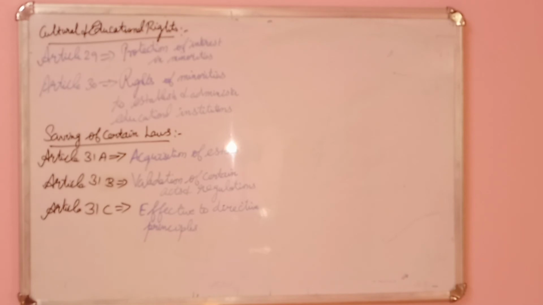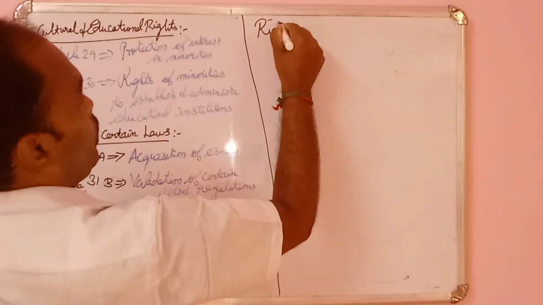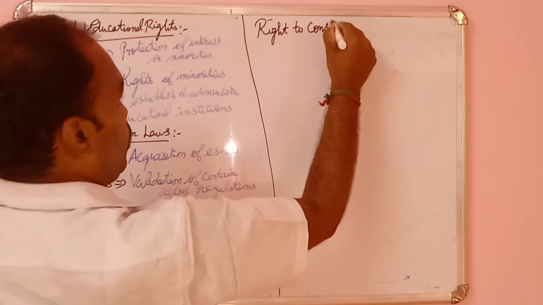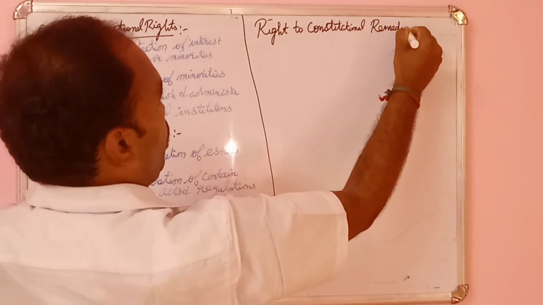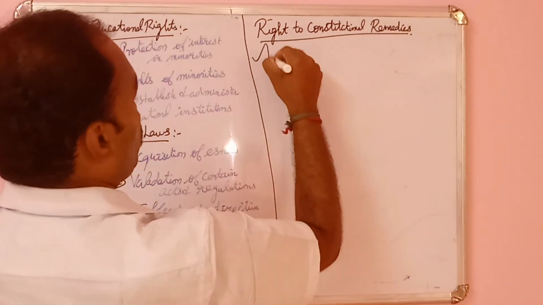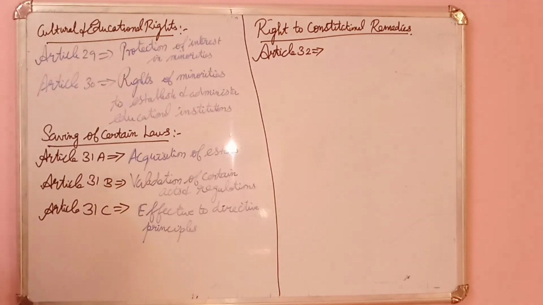Then the next and final thing we are going to see is right to constitutional remedies. Please make a note of it. Article 32 is remedies for enforcement of the rights.